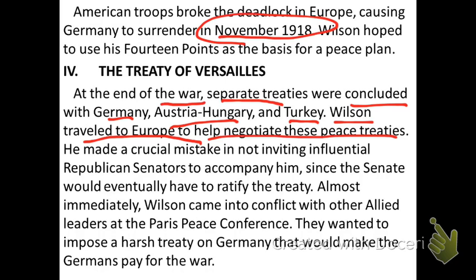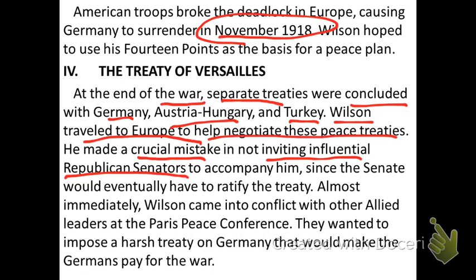He is traveling there to attempt to come up with a credible, workable solution that would incorporate many of those 14 points. Now, he made a huge, critical mistake in not inviting influential Republican senators to go with him. Keep in mind, Wilson is a Democrat. He was the third progressive president, the first Democrat progressive president.